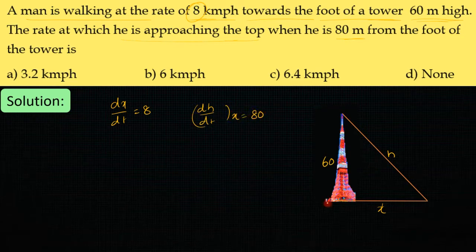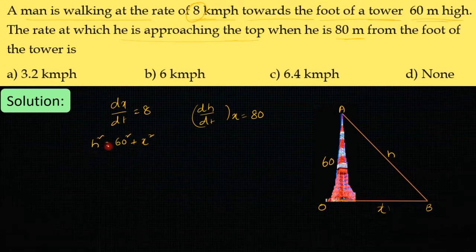Here we observe that this is a right angle triangle. Assume this one is O, this point is A, this point is B. Here OAB is a right angle triangle. Now applying the Pythagoras theorem, we have hypotenuse square is equal to perpendicular square, that is 60 square, plus base square, that is x square.